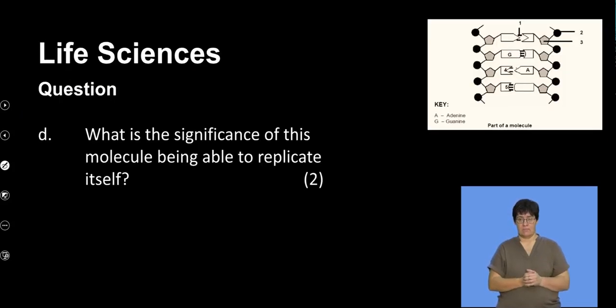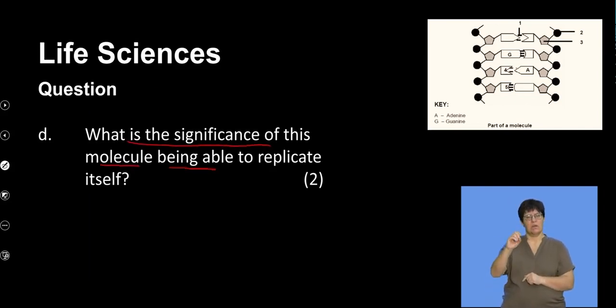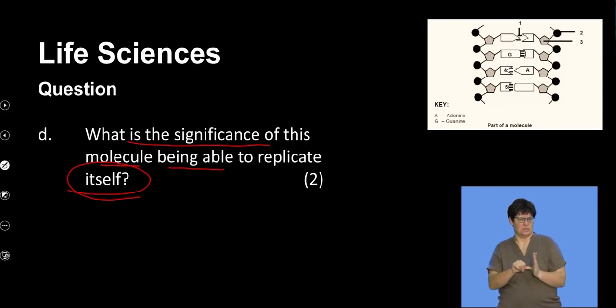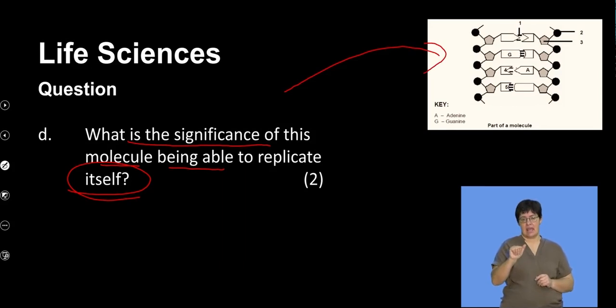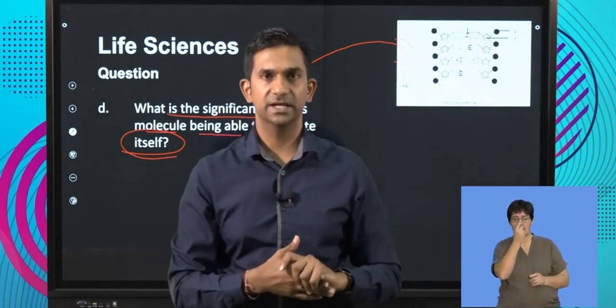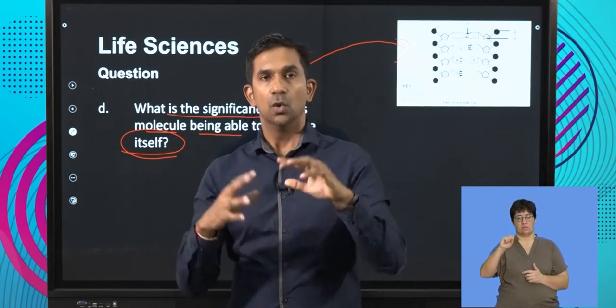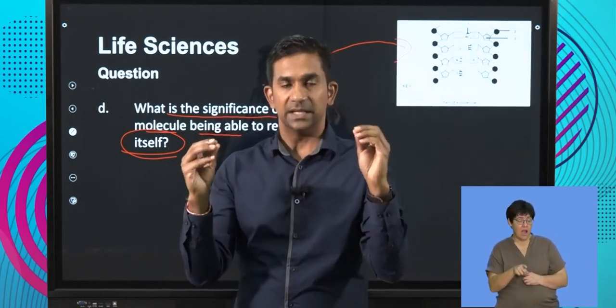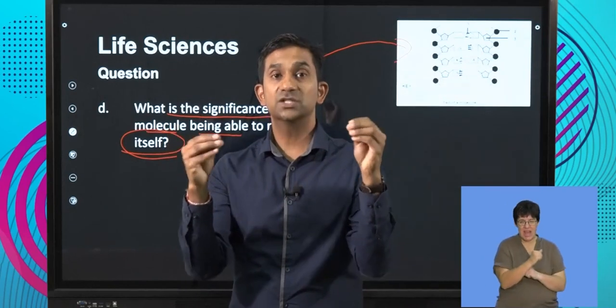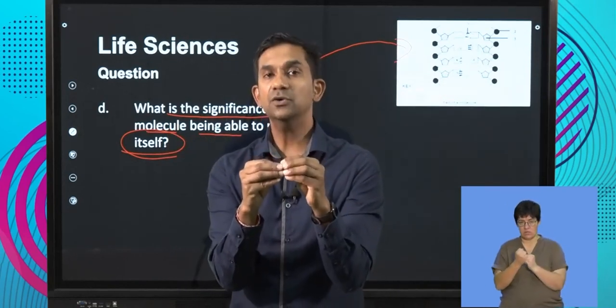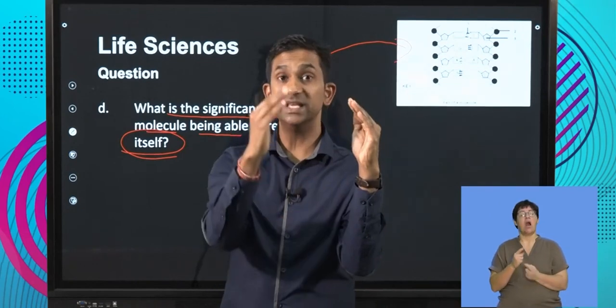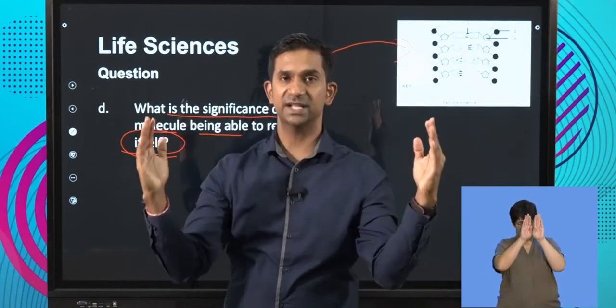Cool. The next question. What is the significance of this molecule being able to replicate itself? Now, the question refers to what is significant about DNA being able to replicate itself. If we understand the model of replication, and the model that we referred to was the semi-conservative model of replication, we can understand that the structure of DNA with its complementary nature allows for free nucleotides to easily base pair when the strands are separated.